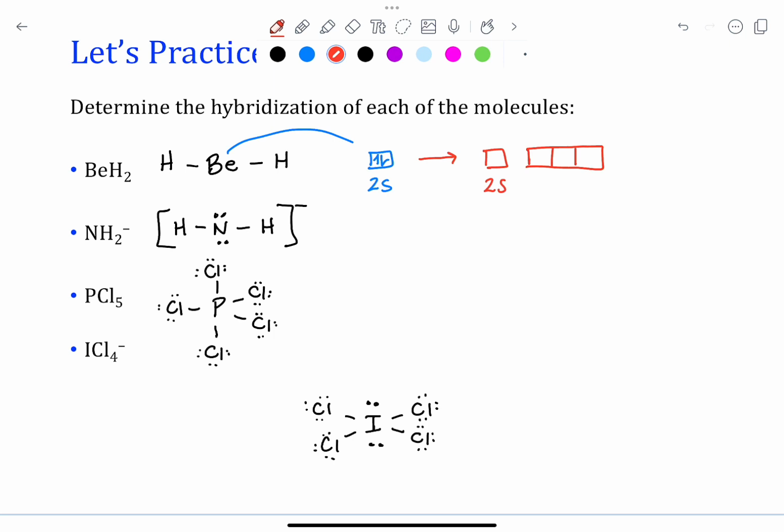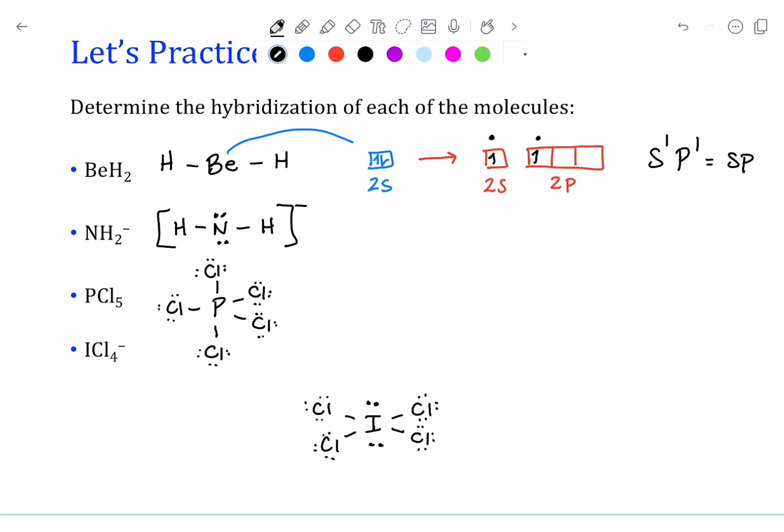So we have our 2s and our 2p. We're going to promote one electron here and one electron there. So our bond is going to be made up of one s orbital and one p orbital. So s1p1. So this hybridization is sp.